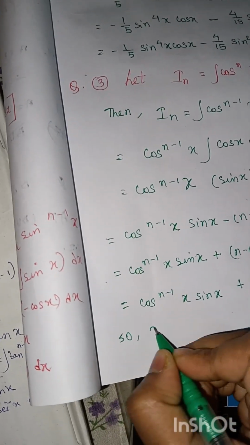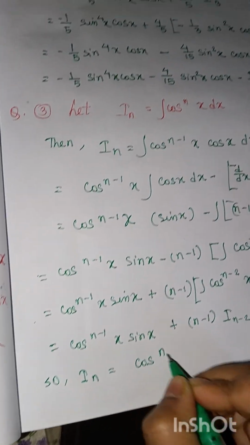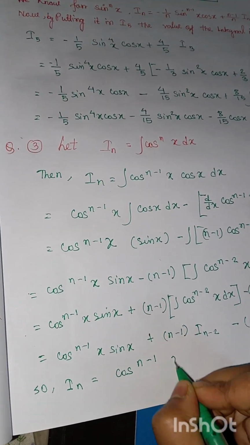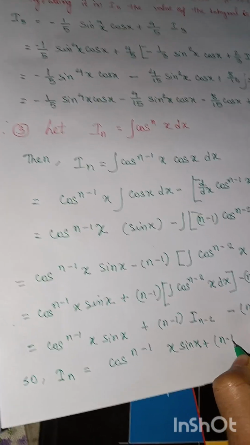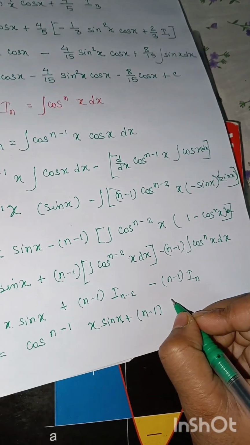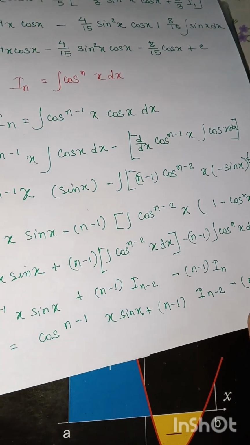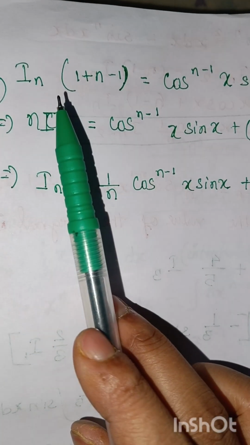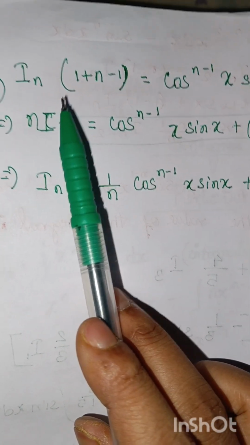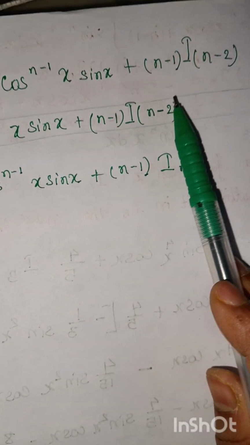So I n is equal to cos to the power n minus 1 x sin x plus n minus 1 I n minus 2 minus n minus 1 I n. Simplify the line. I put I n terms on one side and on the other side, cos to the power n minus 1 x sin x plus n minus 1 I n minus 2.